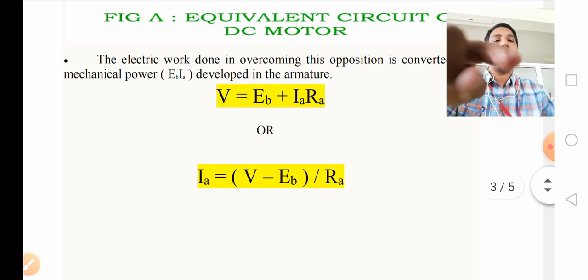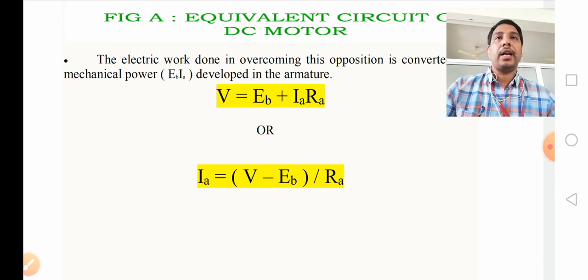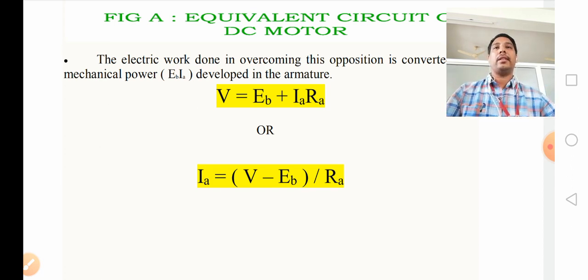I marked it in yellow: V is equal to EB plus IA RA. If you apply KVL in the above equivalent circuit, this is the voltage equation of the motor, V is equal to EB plus IA RA, where V is the input supply we have given to this motor.